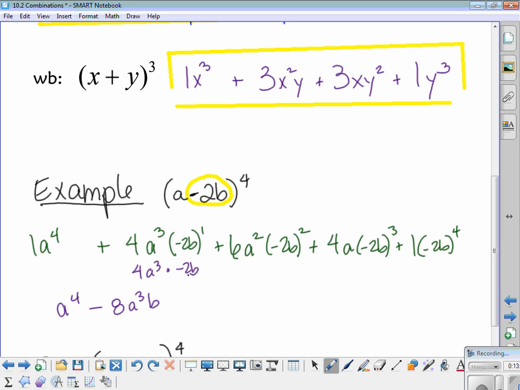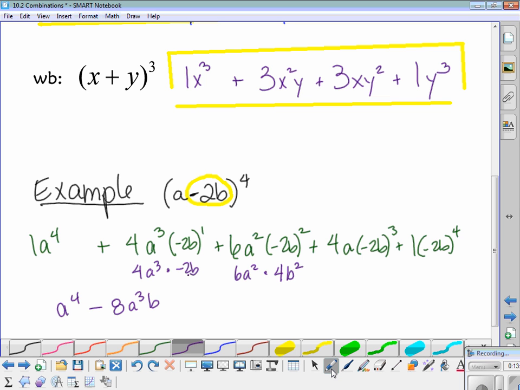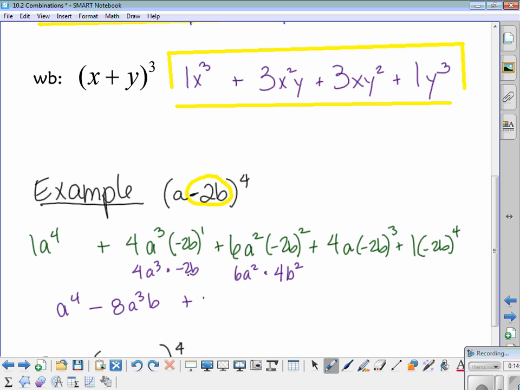All right, for the next one, I've got the 6a squared, and I have to square negative 2b. What's negative 2 times negative 2? Everybody, what is negative 2 times negative 2? Positive 4, and then b times b is b squared. So if we multiply 6 times 4, we get positive 24, and then we've got a squared b squared.